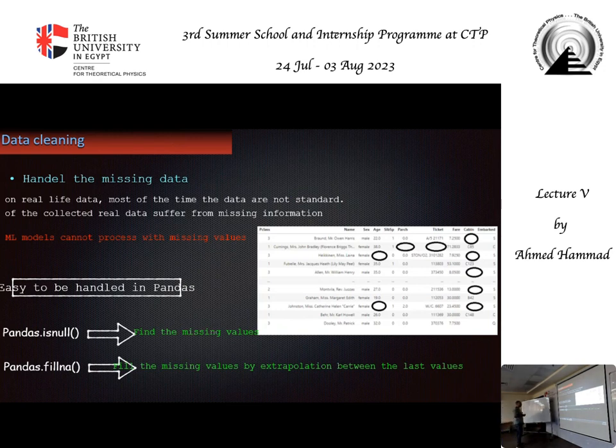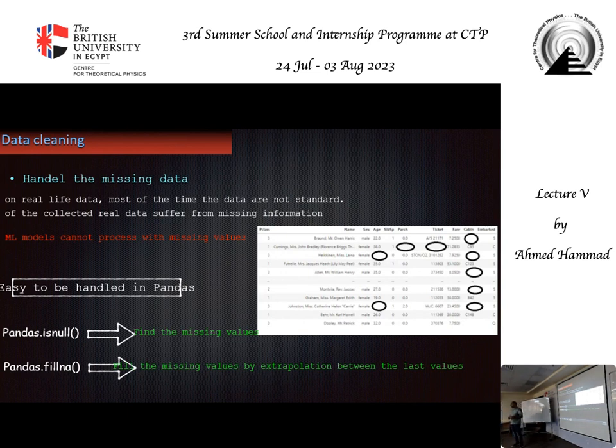So how can we deal with the missing information? One way is to extrapolate. You take these values and extrapolate the missing information, or take the average of the one before and the one after, and then add the value over here. So this is a small table, and you can easily identify the missing information by eye.